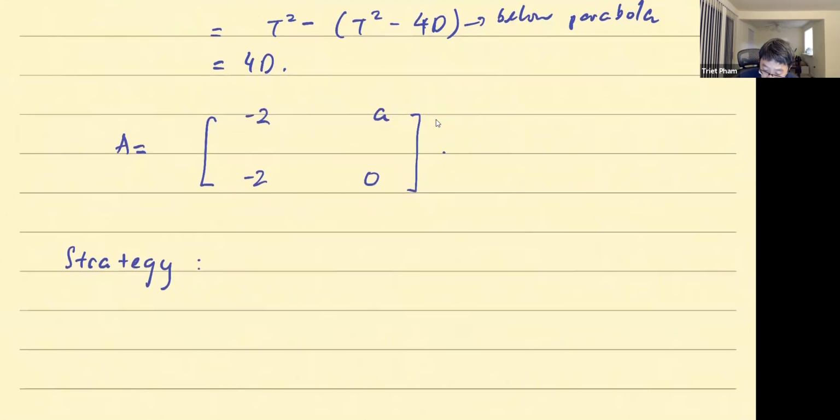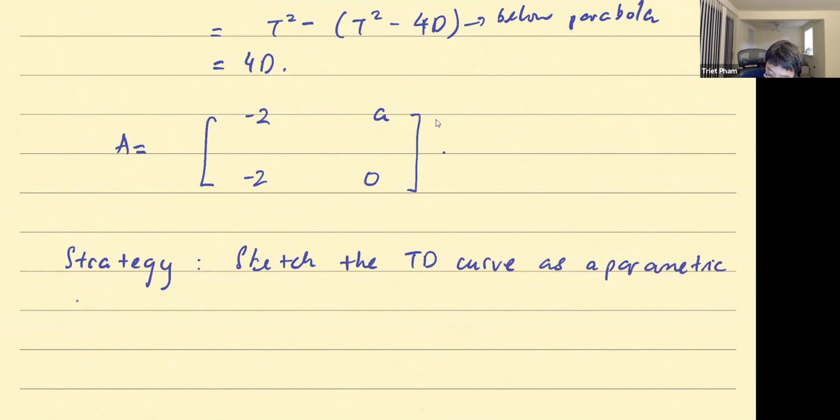For any given a, you sketch the TD curve as a parametric curve, parameterized by a. That's step 1.